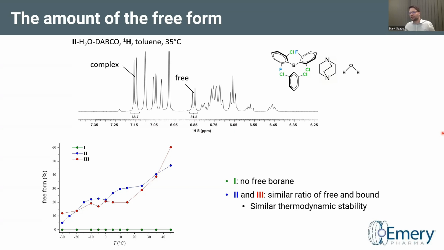So this doesn't explain why borane number 3 was more efficient than borane number 2. But this certainly explains why borane number 1 was not that efficient, because there is almost no free form available, and the free form has to be there to do the catalysis.